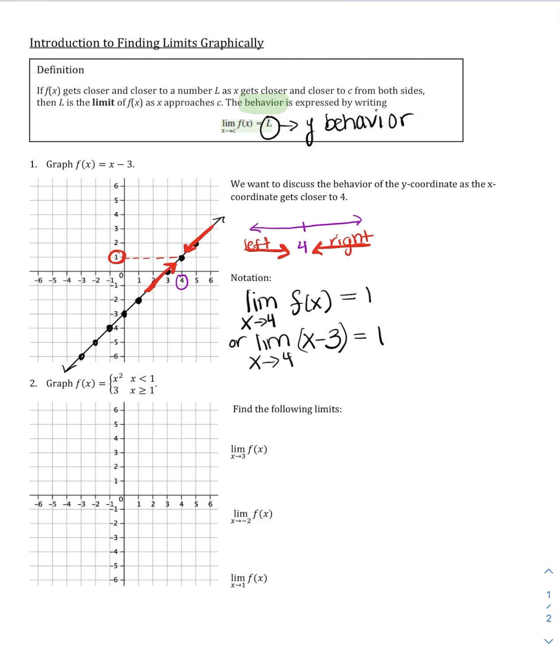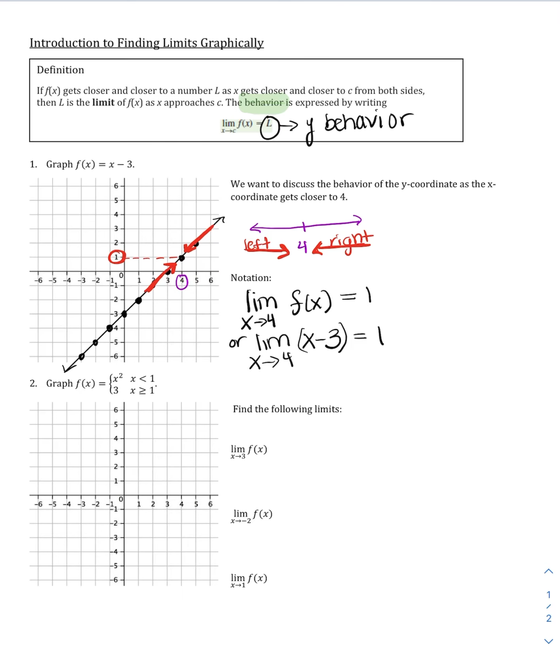Otherwise, it does not make sense and it will be incorrect. So work on the notation, because like I've said, this is something that I see many of my students struggle with. So work on writing the notation properly. What you don't want to do is write both the f of x and the x minus 3. So it's either you write the f of x, the name of the function, or you write what the actual function is if it's given to you.